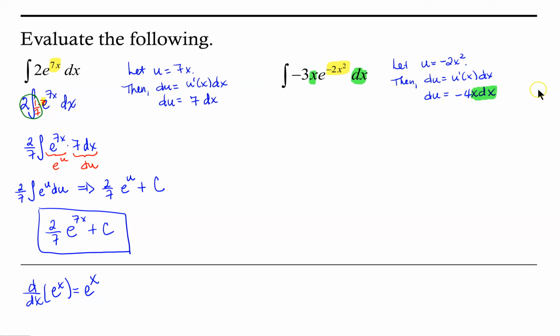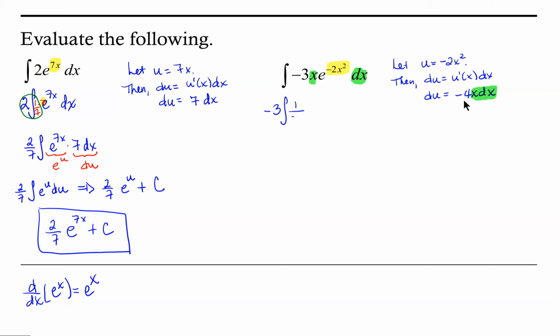I am missing this negative 4. So what we can do is multiply by 1 over negative 4 and negative 4, and use that to create our du. So what does this look like? Well, let's first bring the negative 3 in front of the integral.